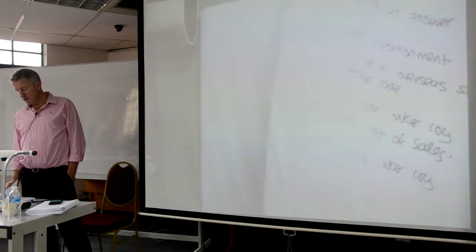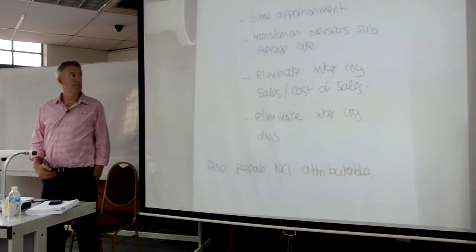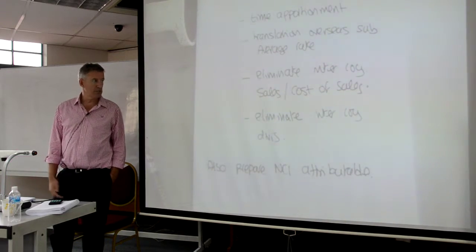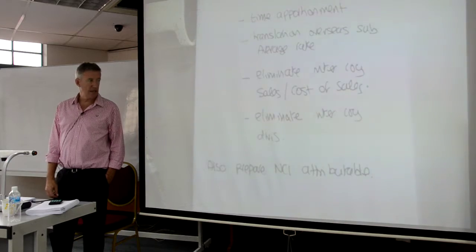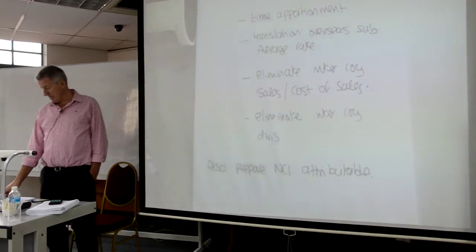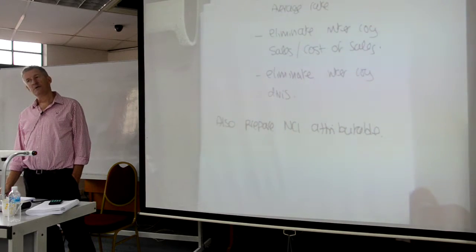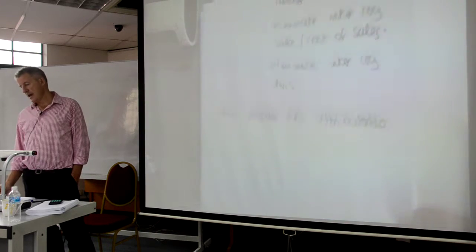On the face of your answer, there might need to be a time apportionment process, a translation process, eliminating intercompany items. And you've also got to work out the NCI attribution. No great theory, we've done the theory. No great explanation. We need to do a question.